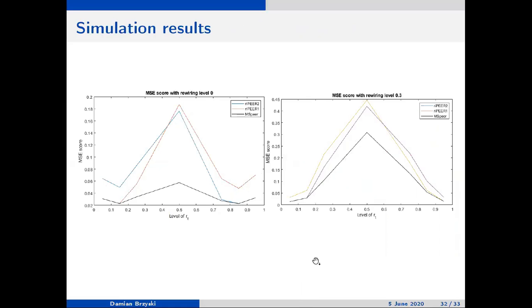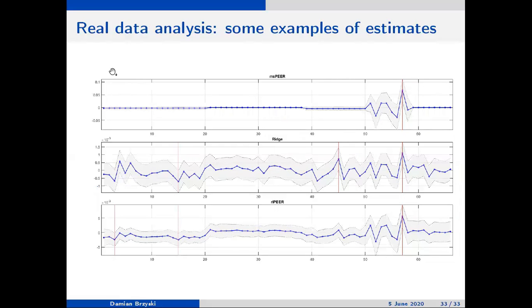Okay, regarding the real data analysis, I have just some examples. All of them are coming from the analysis where we have HIV positive subjects, and we wanted to find the association between the thickness of the cortex and the progress of the disease.